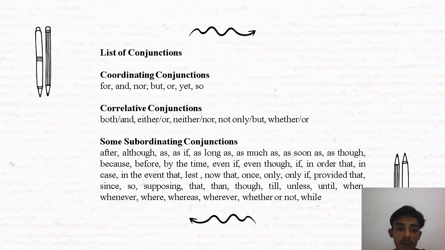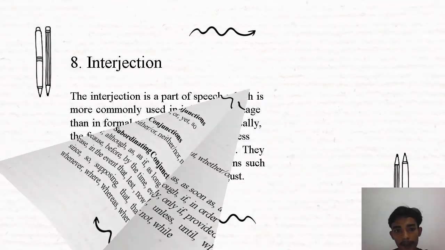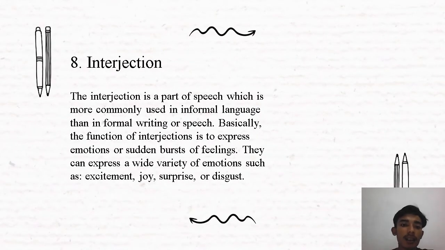Some subordinating conjunctions: after, although, as if, as long as, as much as, as soon as, as though, because, before, by the time, even if, even though, if, in order that, in case, in the event that, lest, now that, once, only if, provided that, since, so, supposing that, than, though, till, unless, until, when, whenever, where, whereas, wherever, whether or not, while.